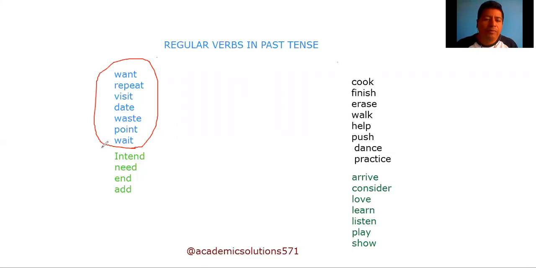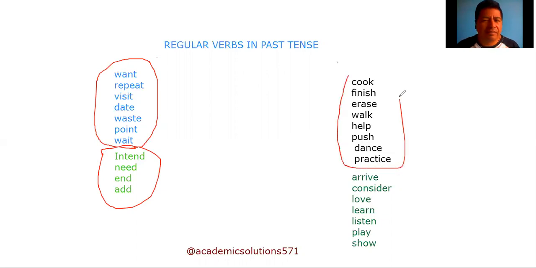The second group are verbs that end with the letter D, with the consonant D. So we have intend, need, end, add. The third group and the fourth group, I can say that they are the same because they end with different consonants or vowels in some cases.